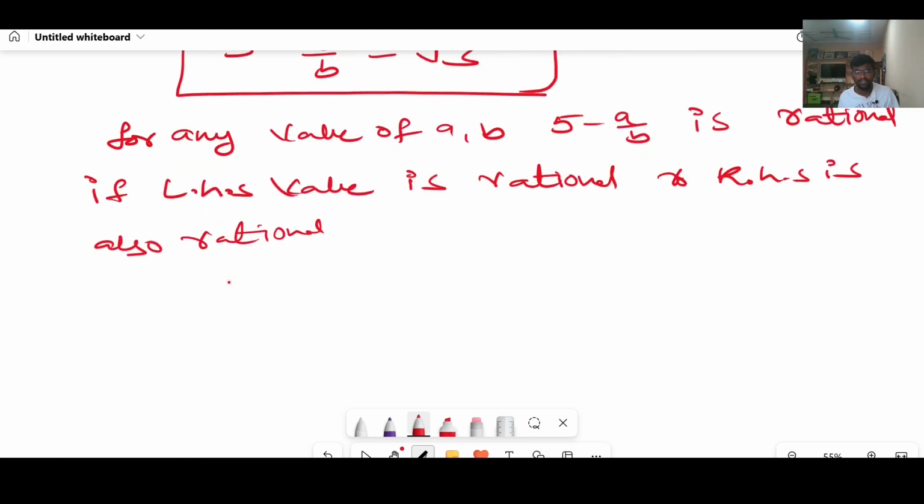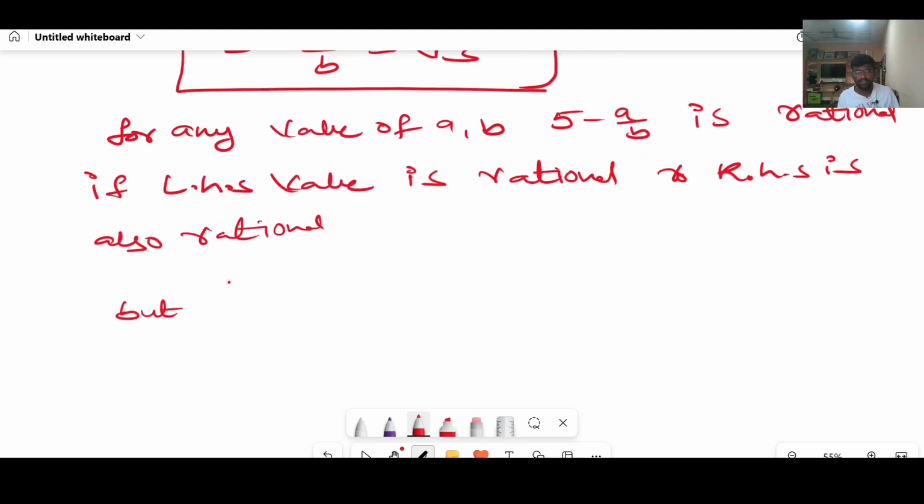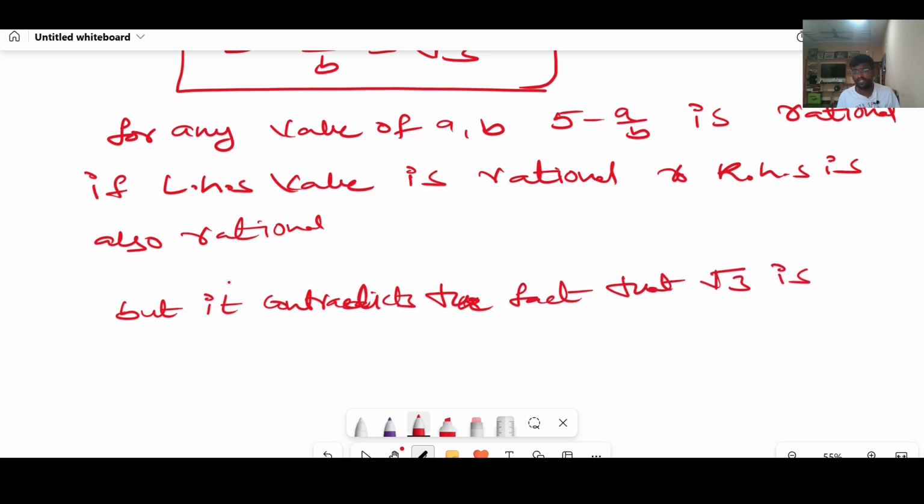But it contradicts the fact that root 3 is irrational, because if LHS is rational, RHS will also become rational, but in the RHS we have root 3. We know that root 3 is irrational. It contradicts the fact that root 3 is irrational.